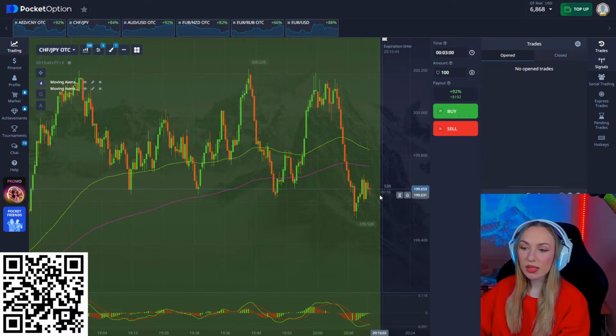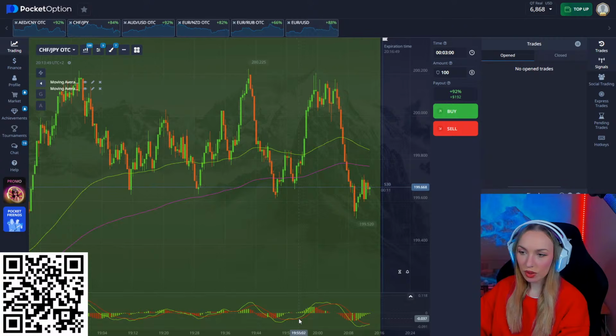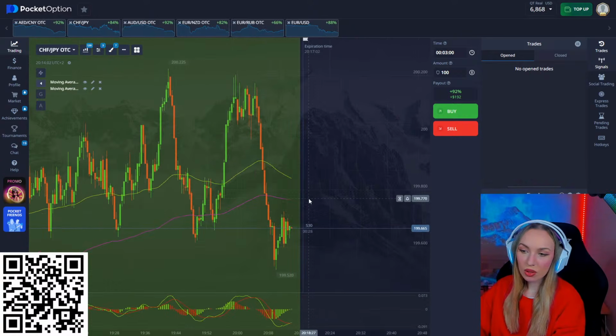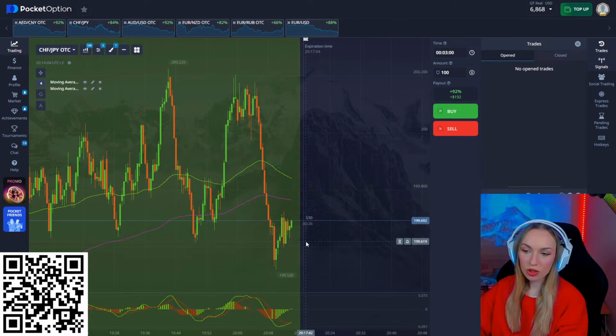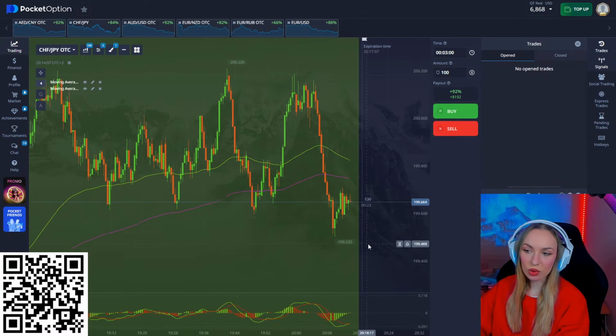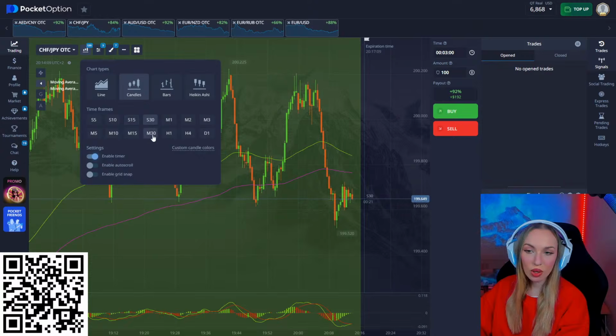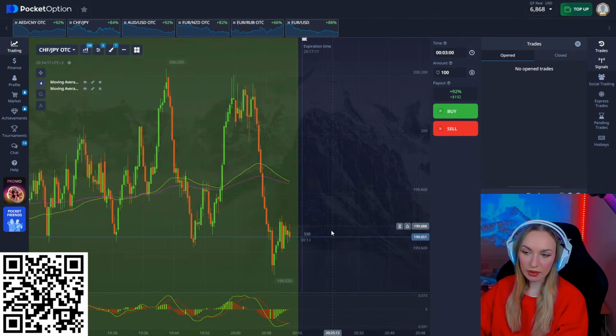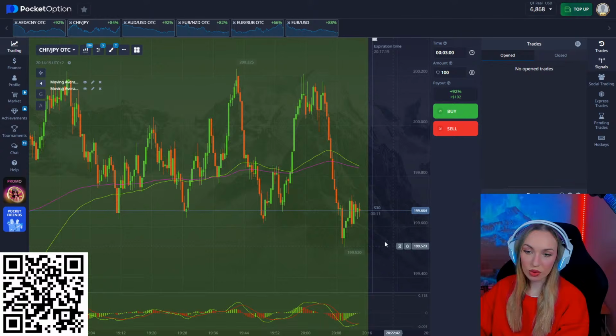CHF/JPY on 30 seconds looks super lateral, and there is a signal to open a trade in the upward direction. So I'm thinking maybe to go for that. At 7:55 there was a signal, and maybe 3-4 minutes on this chart would be good to open the trade upward, even though I see that the price is moving in a downward channel, and it has big chances right now to go down.